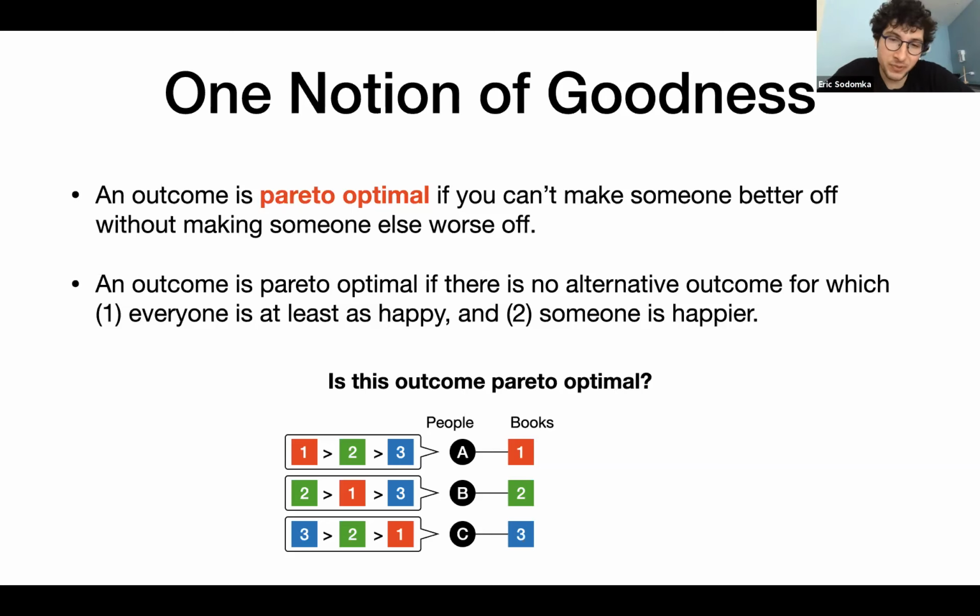If so, why? If not, why not? And if anyone wants to raise their hand, if you want to venture a guess, feel free. We'll have a few of these. This is a key concept in mechanism design and matching problems, so this is testing if you really understand what Pareto optimal means. I'll give you a moment to think about it.